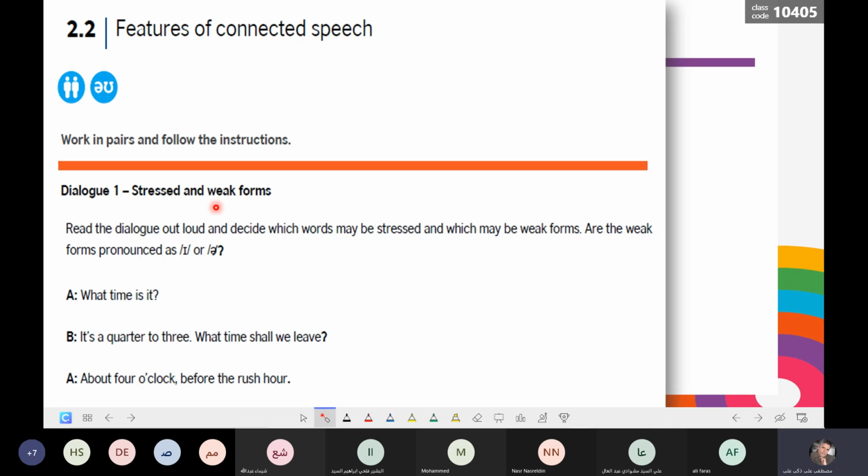Okay, let's go back to the question. Thank you for sharing. The question is, which words may be stressed here? Mr. Al-Bashir, in the first question, what do you think the word that might be stressed is? The letter T. Okay.